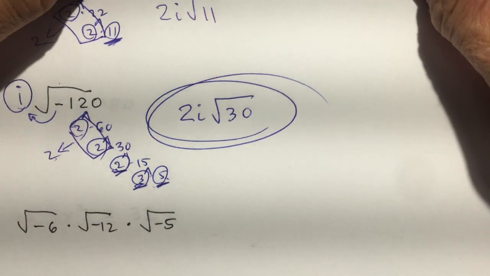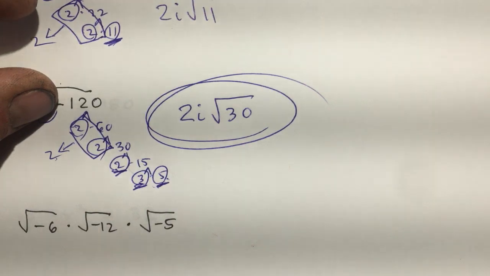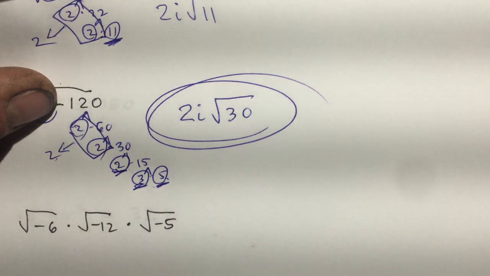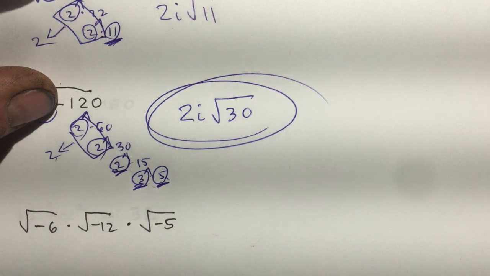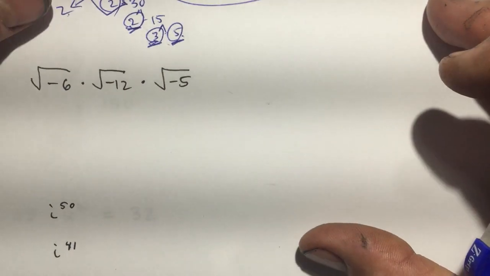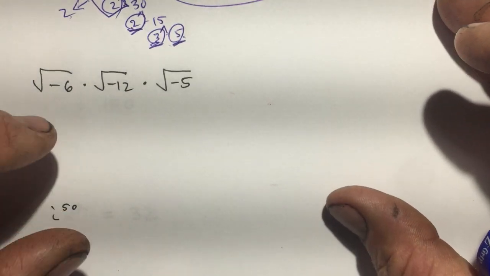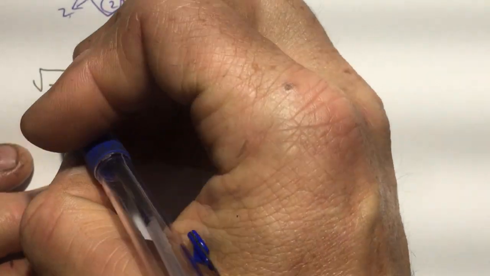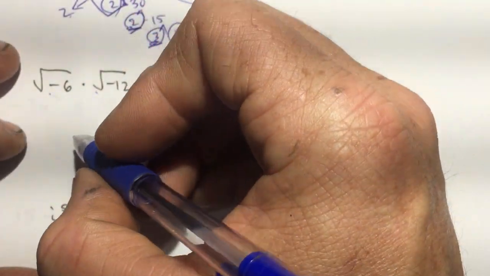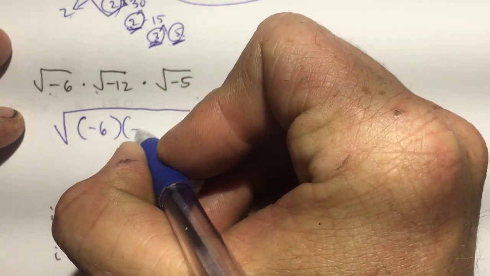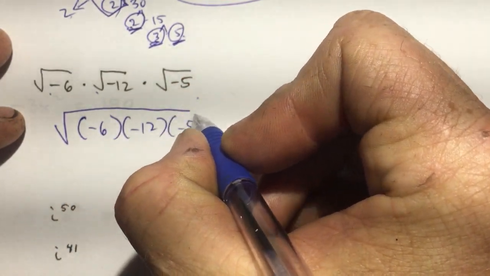All right, so that's how you simplify radicals that are imaginary with negative numbers in the radical. Okay. Now, what about something like this one here? We've got some radicals multiplied together. Well, since they're all in radicals, I can put all of them in one big radical, like that.